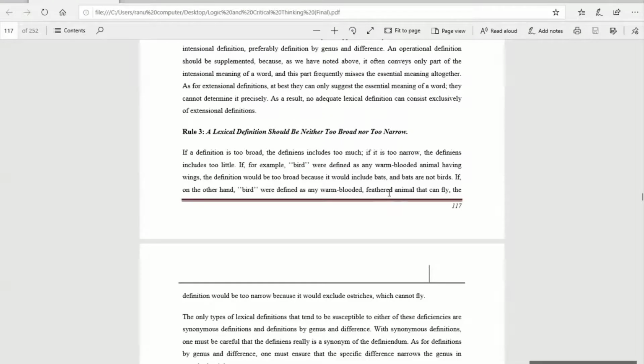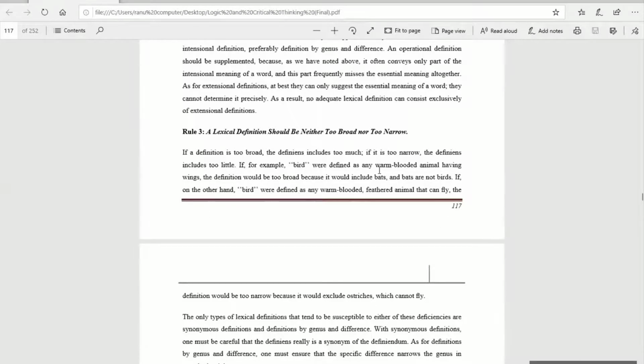Let us look at examples from your module. For example, if we define a bird as a warm-blooded feathered animal that can fly, the definition is too narrow, because it excludes the ostrich, since the ostrich cannot fly.